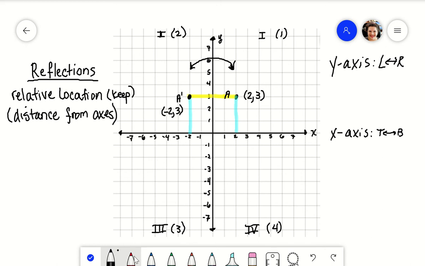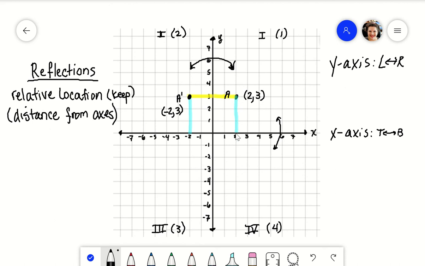Now I'm going to reflect point A over the x-axis. This is going to change whether my point is going to be at the top or the bottom. Currently, it's on the top. When I reflect it over the x-axis, it's going to move to the bottom. But I need to preserve the distance.